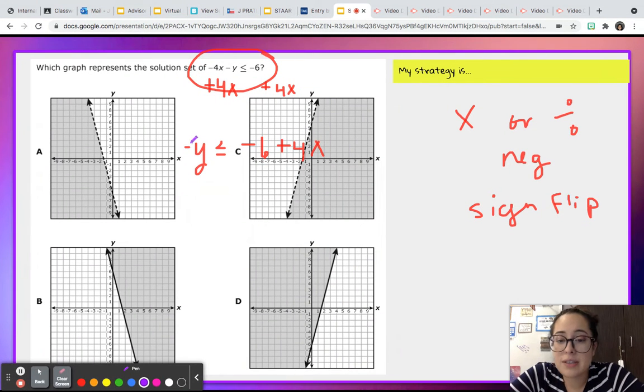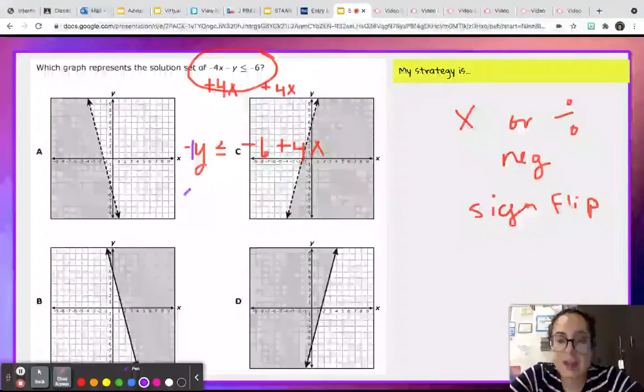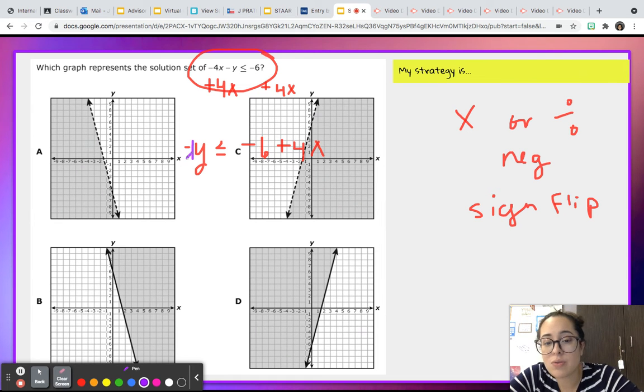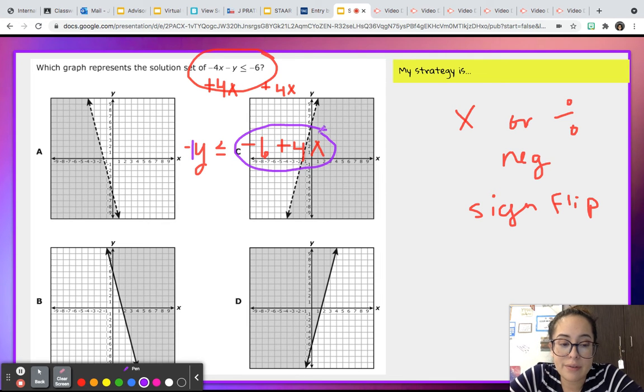Here's where it gets a little weird, but it's okay. I think you guys can do this. We can see negative y as negative 1 times a positive y, and so I would have to basically divide this whole thing by negative 1.